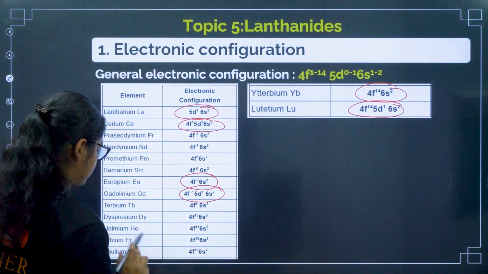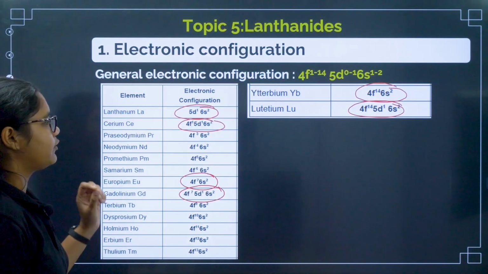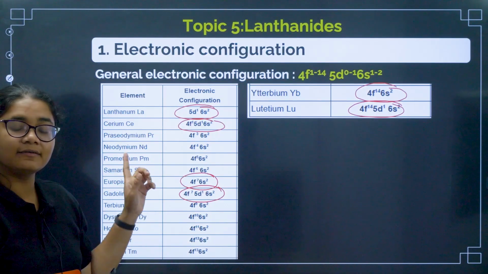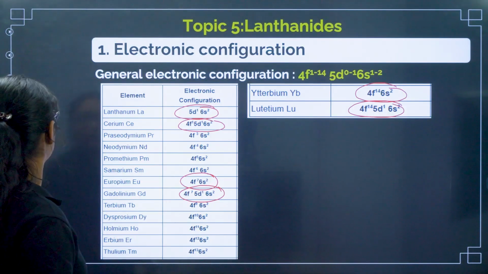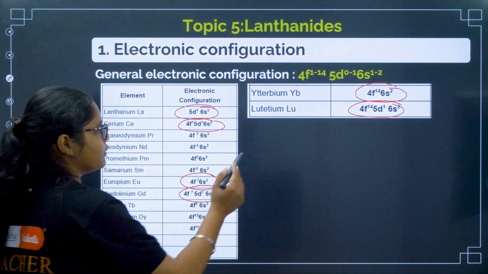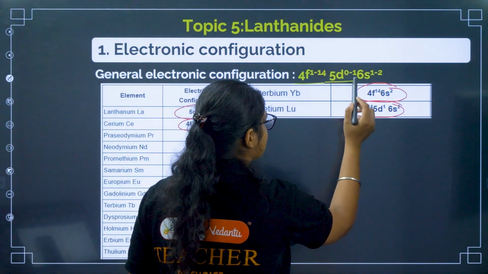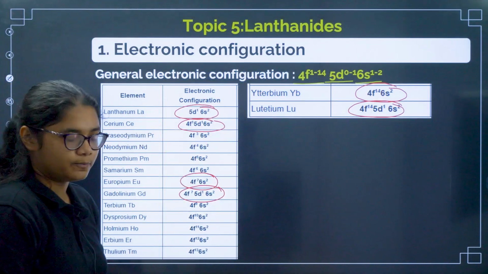Please remember these, very, very important electronic configurations. Now, what is the general electronic configuration? Here also it is written 4f 1 to 14, 5d 0 to 1 and 6s 1 to 2, okay.